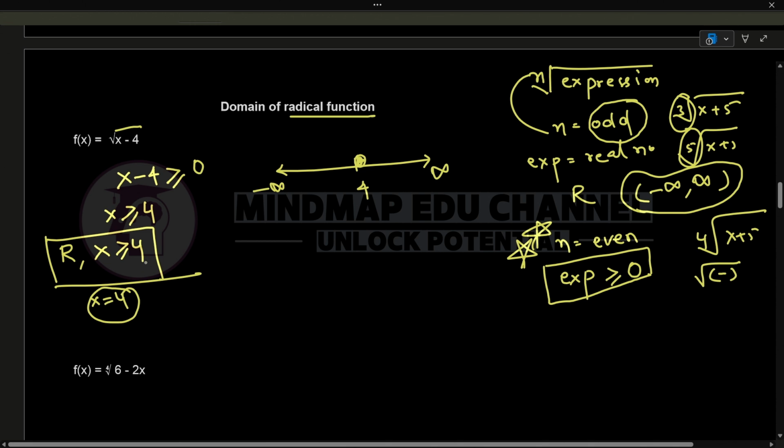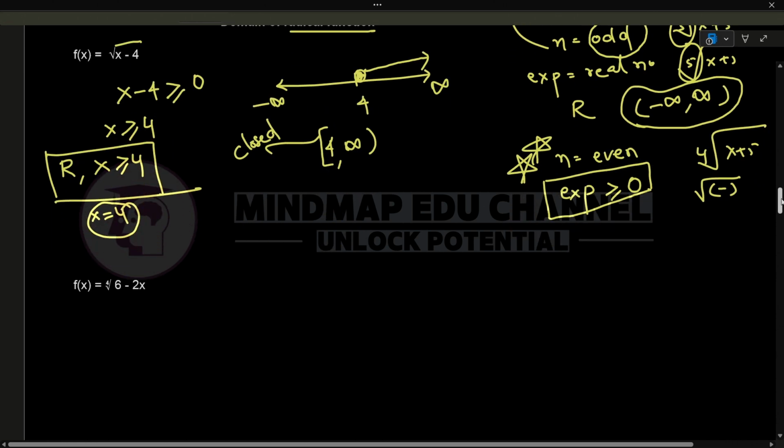So it is included in the domain. This number is in the domain and so is everything greater than 4. So what will the domain be? Domain will be 4 to infinity. Now check the bracket. This bracket is called a closed bracket and it shows that this number is included in the domain. I hope I am clear, right?